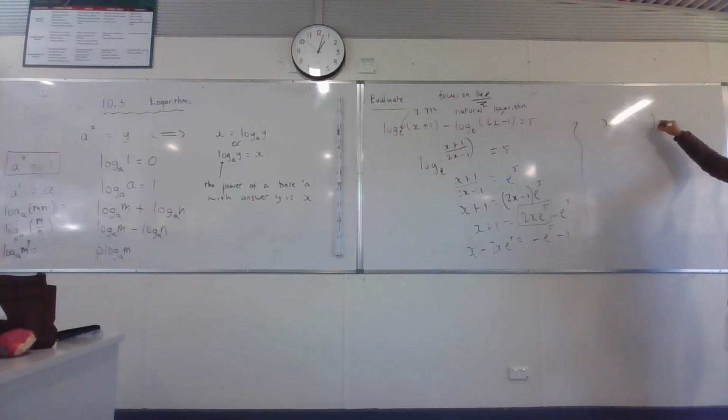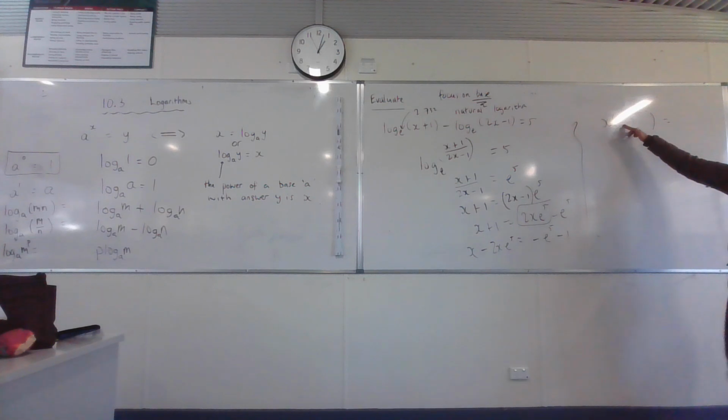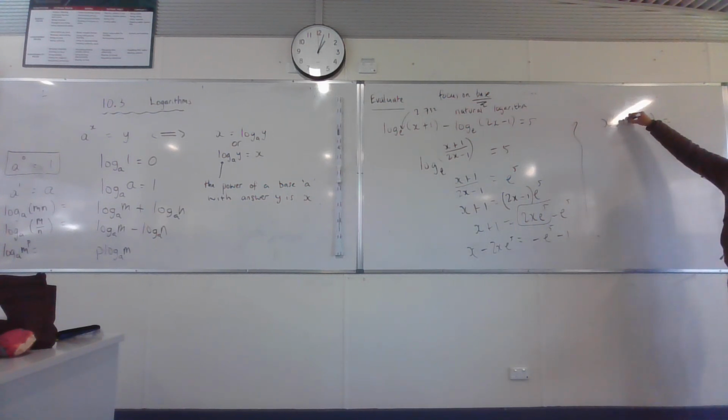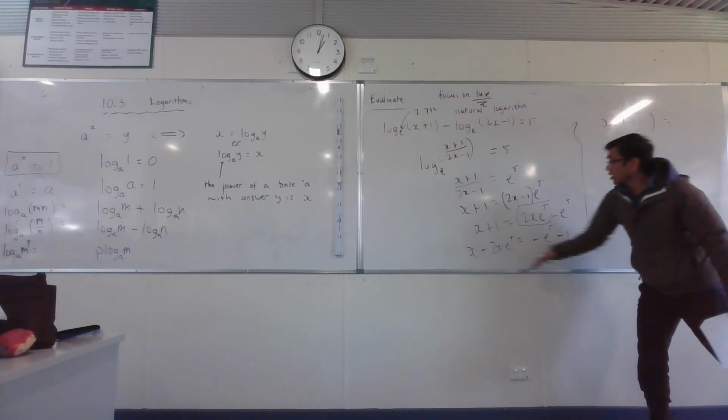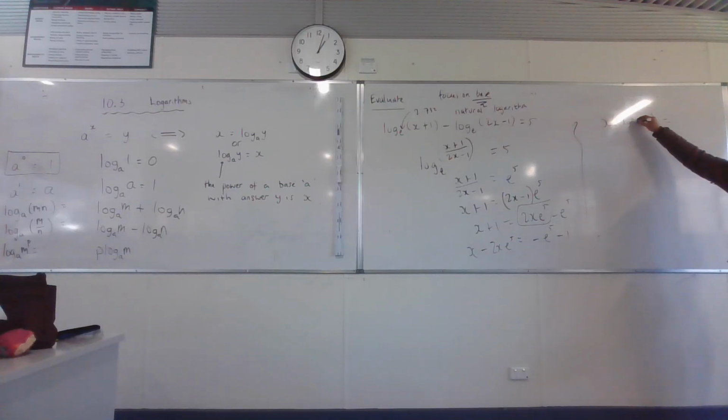What do I need in the bracket to make sure this is equal? x times what is x? 1. x times what makes this a 2e^5? A minus. Okay. So I can rewrite these the other way. It doesn't really matter.